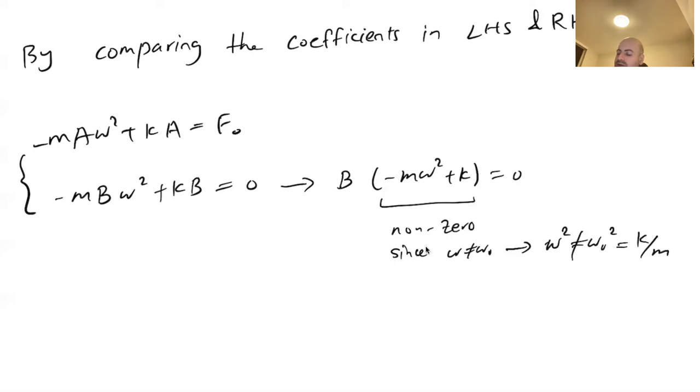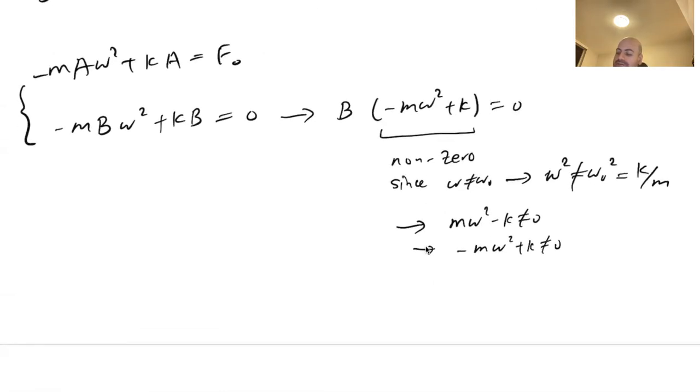And that means m omega squared minus k is not 0, or we can say that minus m omega squared plus k is not 0. So the second term is non-zero, therefore the first term must be 0, which means B must be 0.